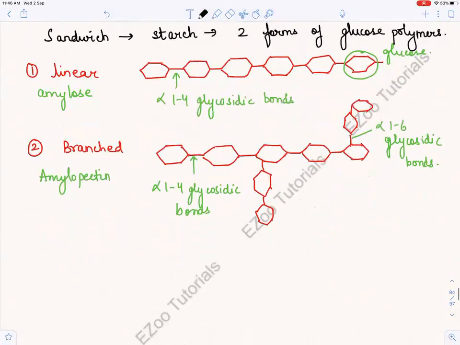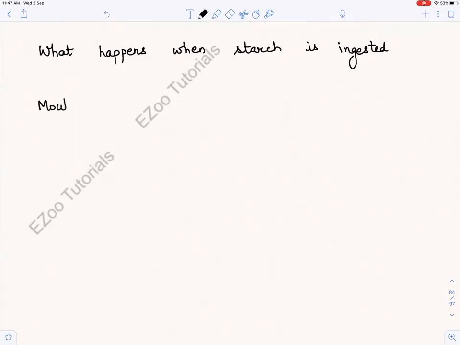Now let us see the question. Let us try to understand this question. What happens when starch is ingested? When we eat starch, what happens? It goes in our mouth, right? And there, two types of breakdown will take place.